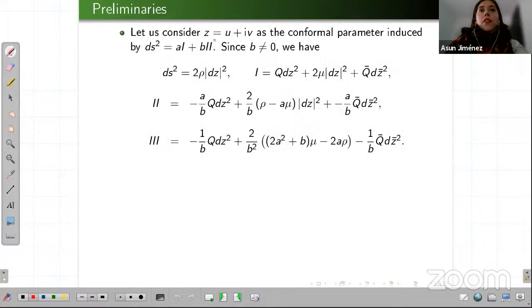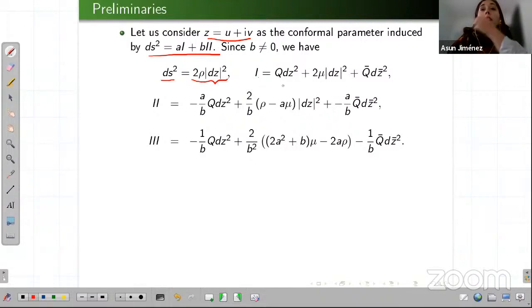Well, if you write your conformal coordinates u and v as a complex conformal parameter, this is the expression of the metric ds squared. Remember, this is A times the first fundamental form plus B times the second fundamental form, which is conformal. Okay, we are choosing a conformal parameter here. This is the expression for the first, the second, and the third fundamental forms.